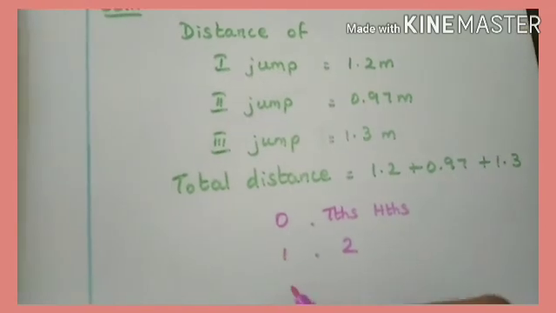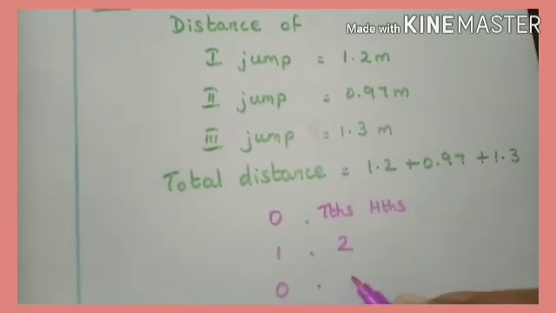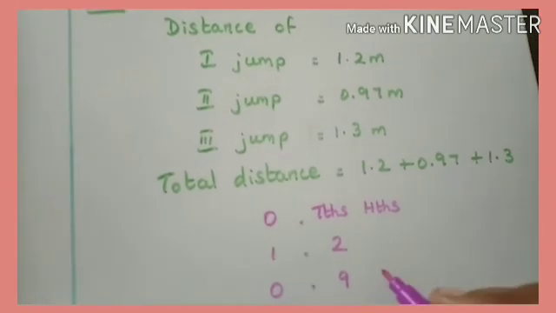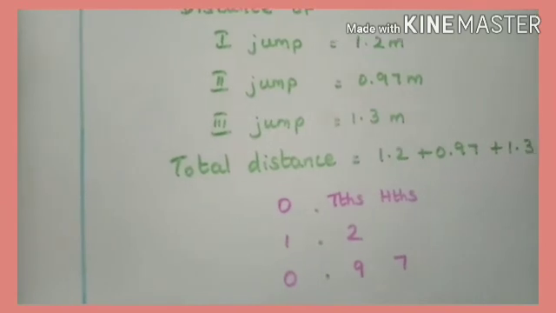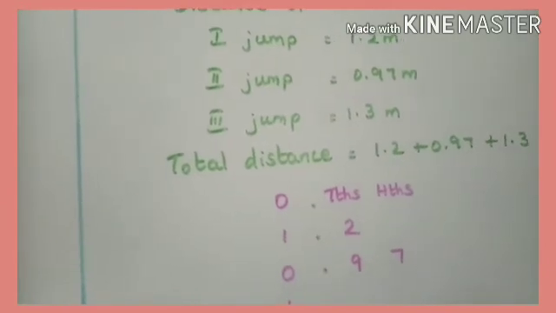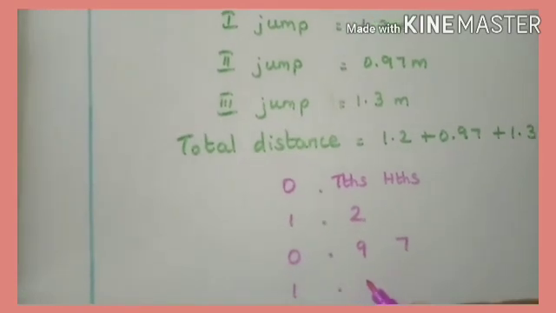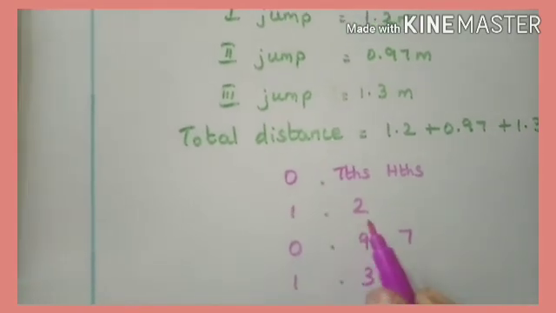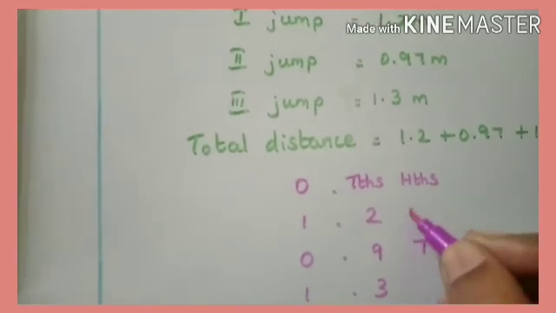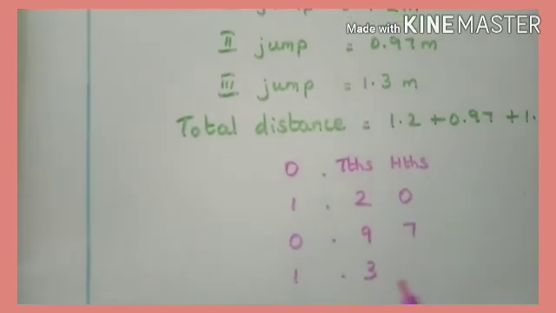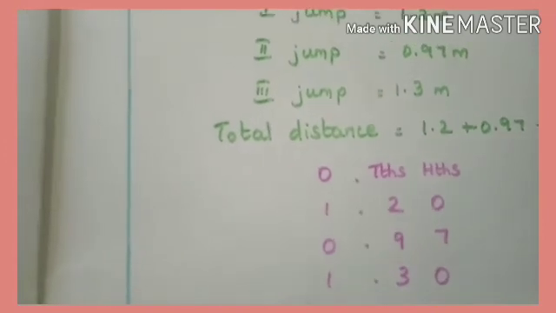Then write the other number: 0 in ones place, 9 in tenths place, 7 in hundredths place. Then write the other number: 1 in ones place, point, 3 in tenths place. Here 1.2 can be written as 1.20 and also 1.3 can be written as 1.30.